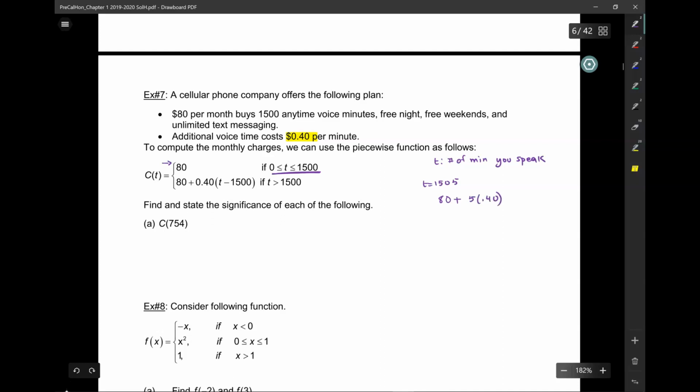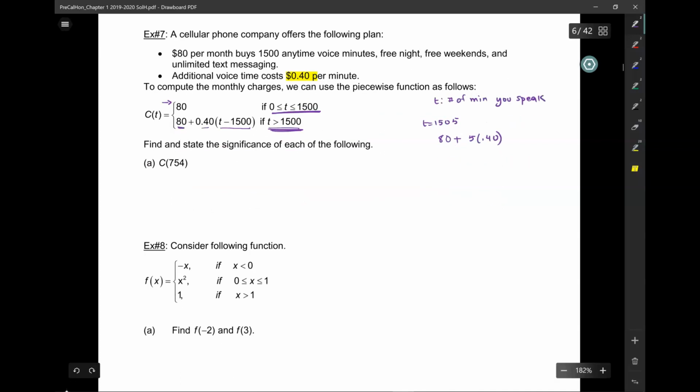She subtracted T minus 1,500. So that's what this says. You're going to pay the 80 and then T minus 1,500 times 0.40. That's if you spoke over 1,500 minutes. Okay? So that's the piecewise function.